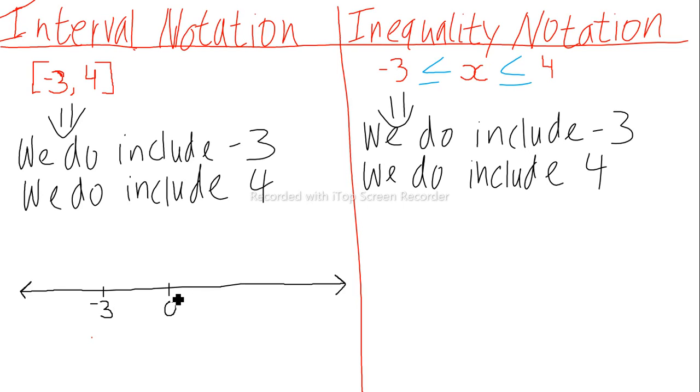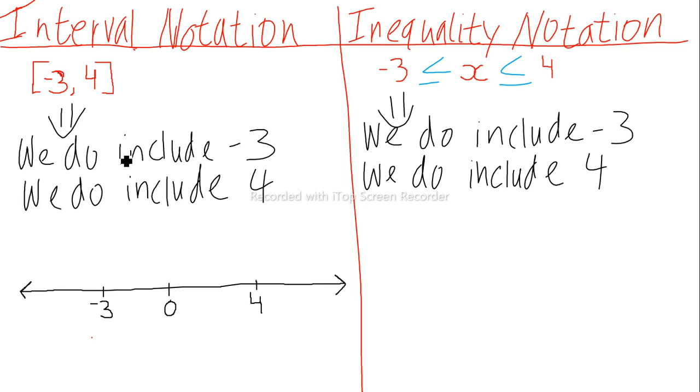And then if this is -3 here, and we're dealing with +4, obviously we're not going to do the same exact length. We're going to push it a little bit more. So somewhere here. So this is +4. You want to make sure it looks realistic.